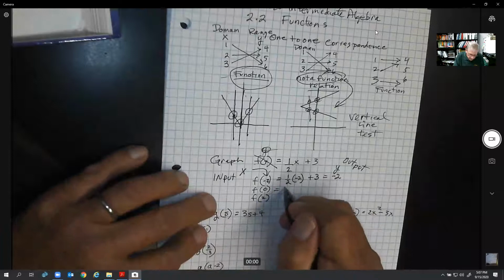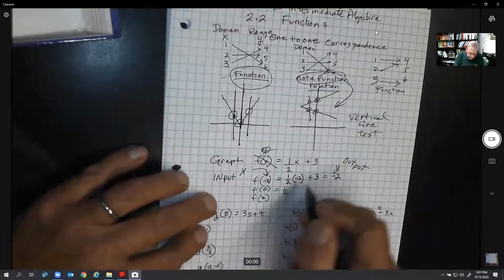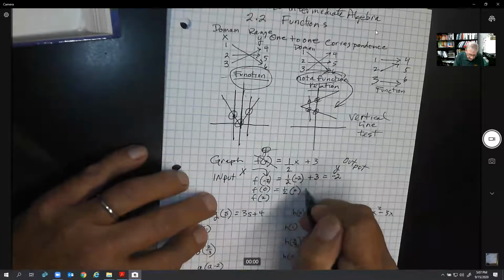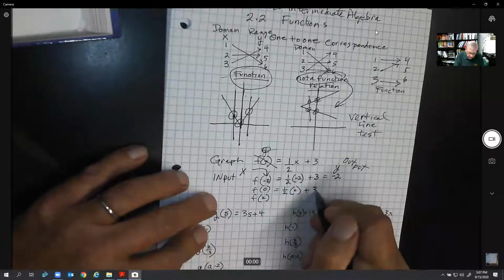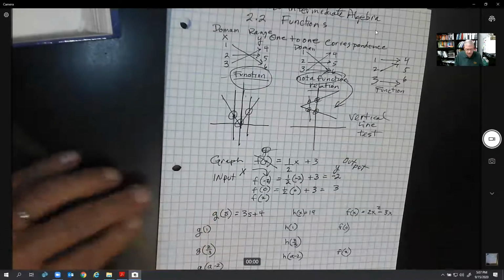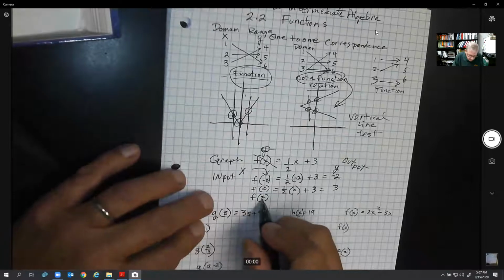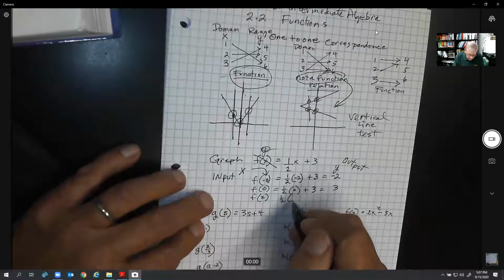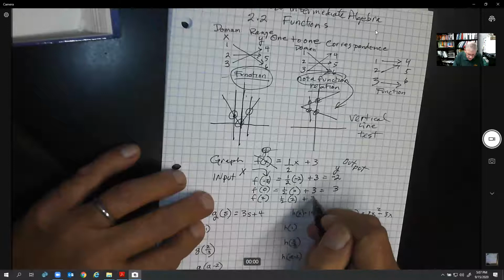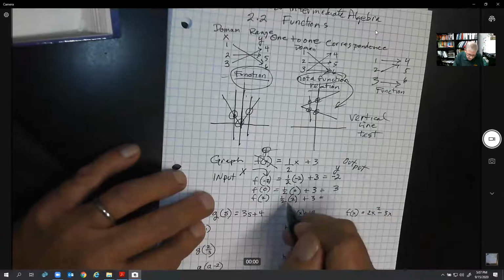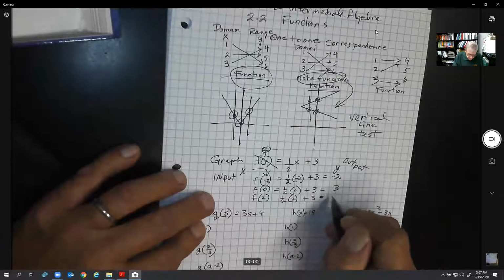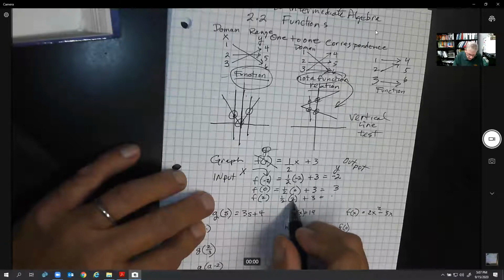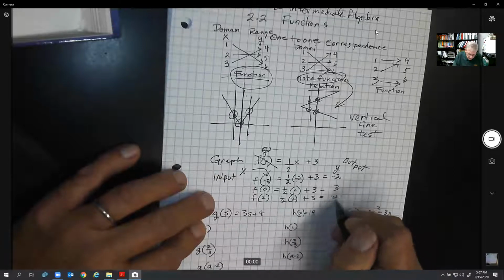Now I'm going to put a 0 in here for x. And as an output, what am I going to get? That's right, 3. Input 2, half of 2 is 1, 1 plus 3 is 4. Sounds a little off.